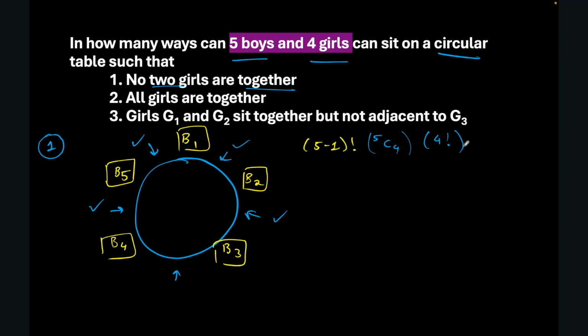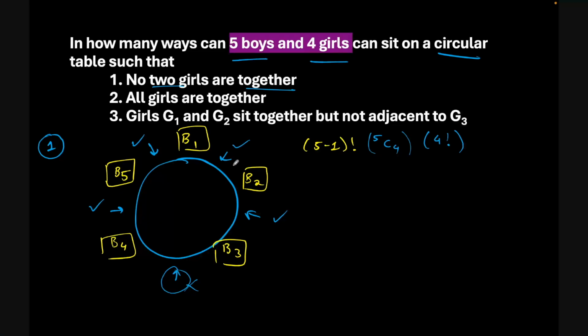Now, the reason why I'm doing 4 factorial and not 3 factorial, there's a reason for that. These boys are already fixed, and let's say I've chosen these 4 slots for the girls. For now, I could have chosen this one as well, but I didn't. So now I can treat these arrows that I've marked as a line.